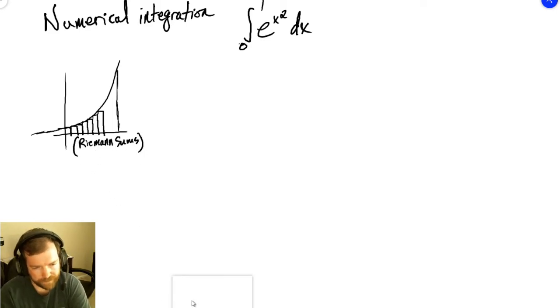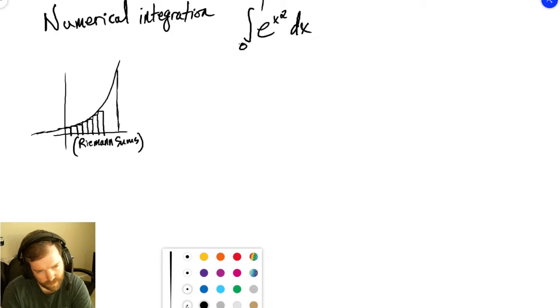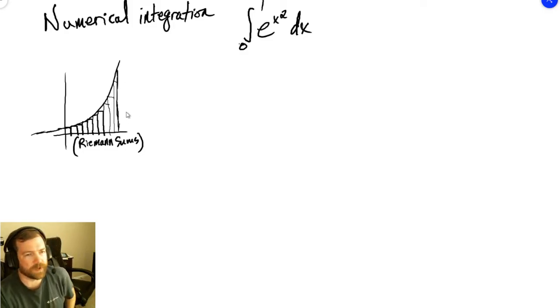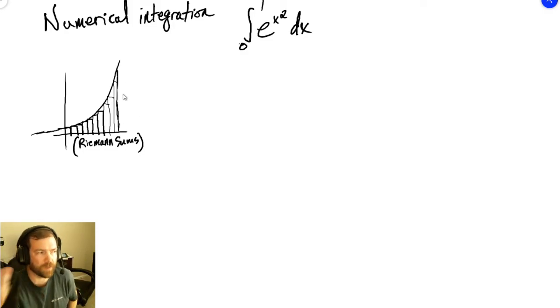Maybe we'll go with a really thin one. See how this goes. So we're going to be doing Riemann sums on this. But again, this is a Calc 1 method, so it's not super sophisticated. It still gets the job done, at least in getting an approximation.